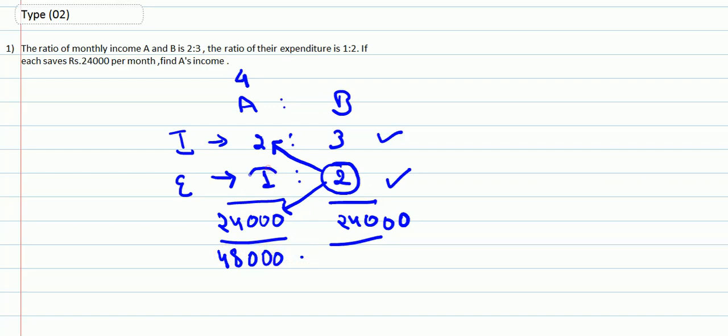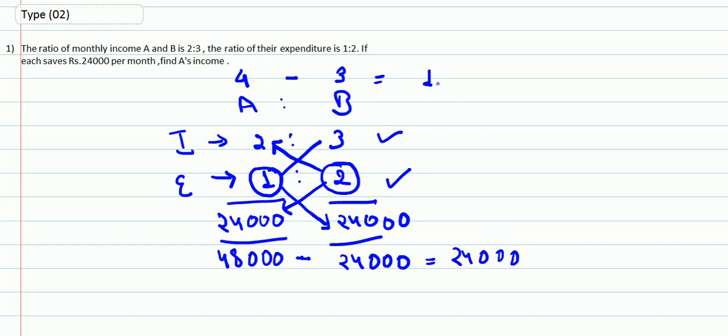Now we are going to multiply this 1 with this number. 1 into 3 is 3, and 1 into 24,000 is 24,000. And now we are going to subtract: 4 minus 3 is 1, and 48,000 minus 24,000 is 24,000.